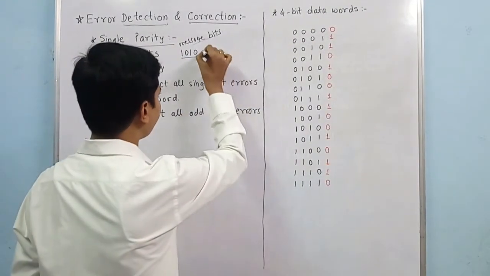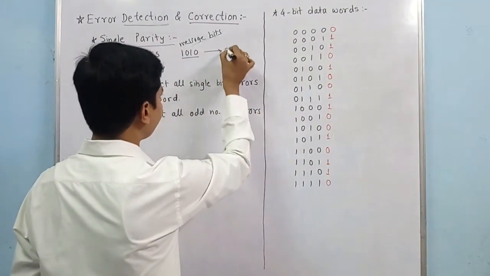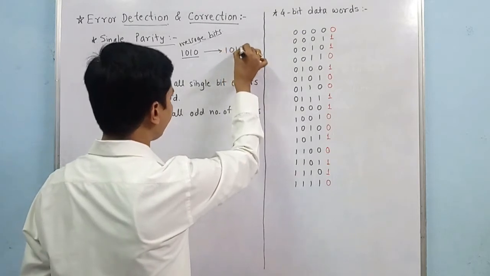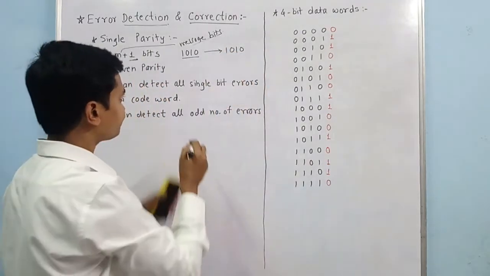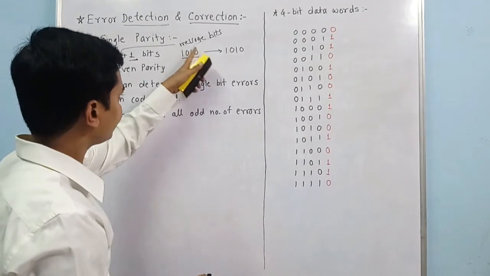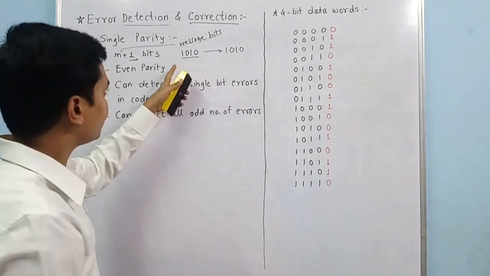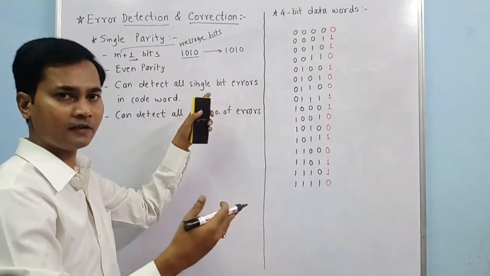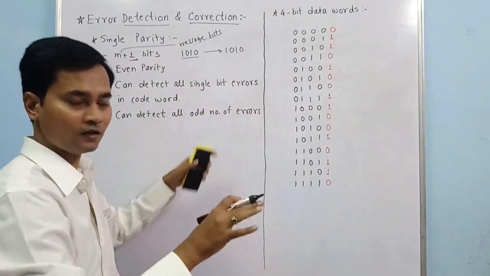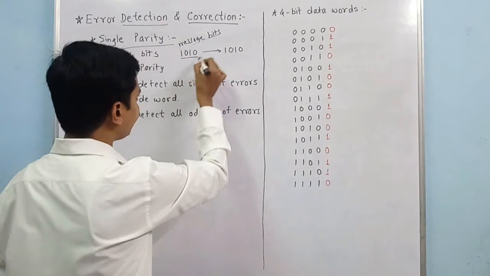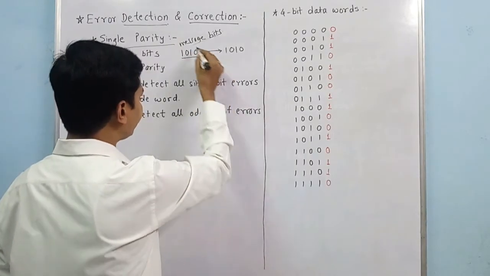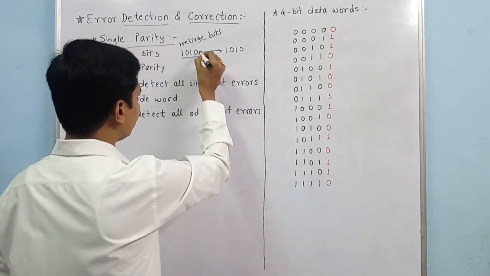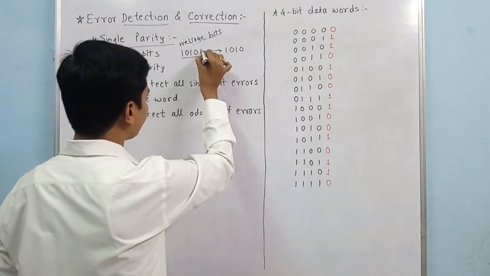For even parity the transmitter will send 1010 as it is, but the number of ones should be even, that is 0, 2, 4, 6 and so on. So to make this even, the transmitter will add 0 here.